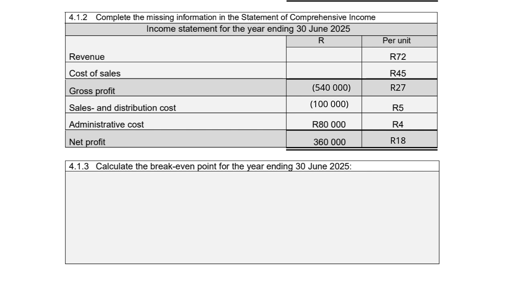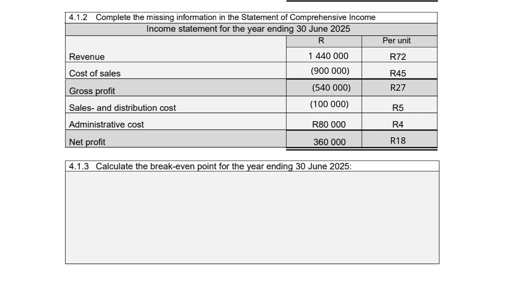Then we work backwards to calculate the cost of sales, and that will give us 900,000 in brackets. And then again we work backwards. 900,000 plus 540,000 will give us a revenue of 1,440,000 Rand.